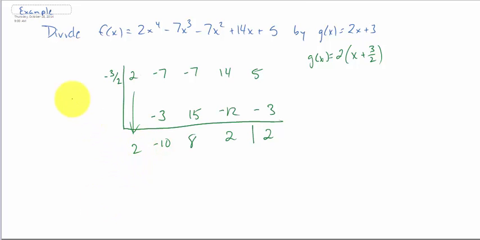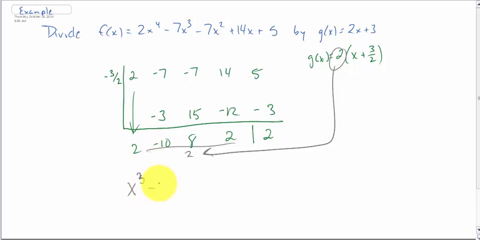So my new polynomial is going to be x to the third, dividing all of these by 2, minus 5x squared plus 4x plus 1 plus 2 over 2x plus 3. This is our remainder. So there's our quotient with the remainder when we divide by 2x plus 3.